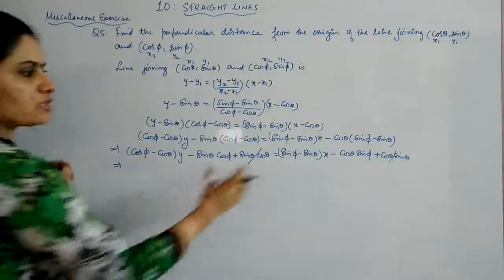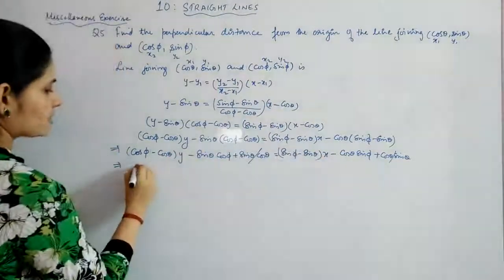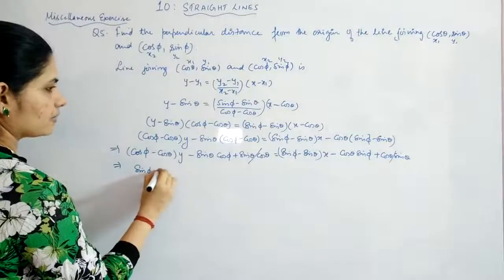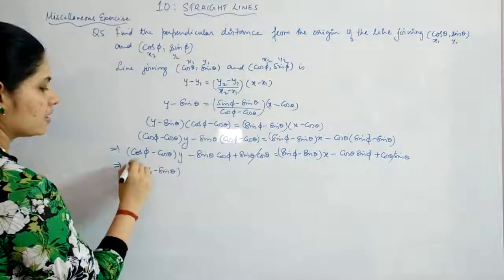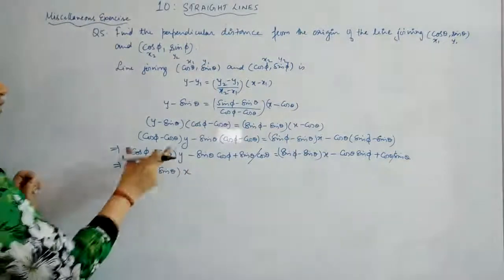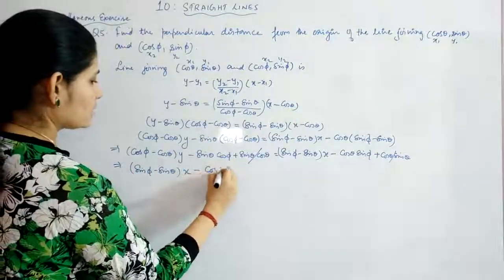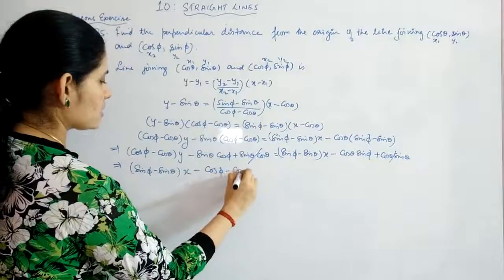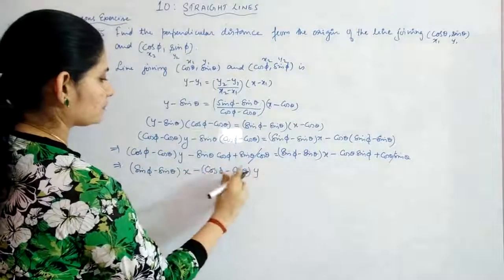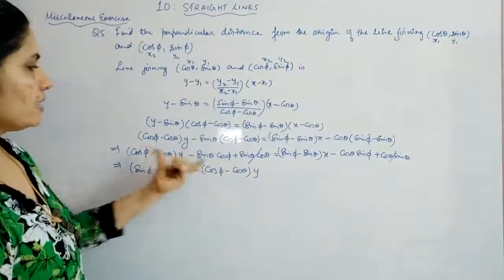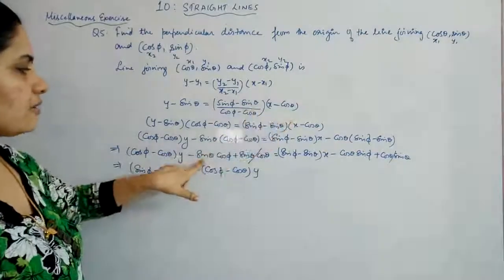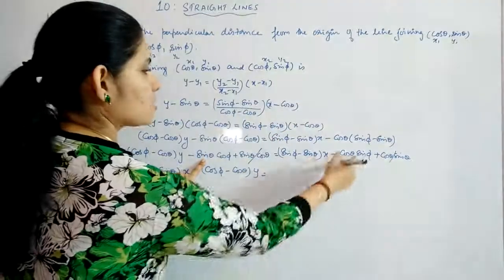Now for the remaining, we are just making it into ax plus by plus c equal to 0 form. First we will write the x term, which is sine phi minus sine theta into x. The y term will be taken to the other side, so you will get negative of cos phi minus cos theta into y. Now again these terms are taken to the other side, meaning this will become positive, and that is already negative there.